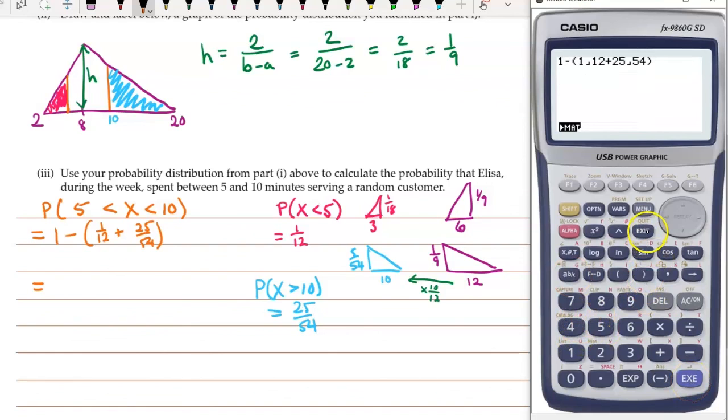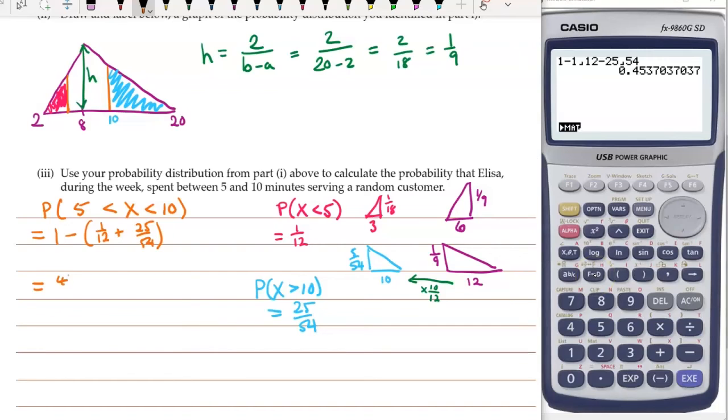Oops, I have made an error. Let's try that again. Right, 1 take away the 12th and take away the 25 over 54 equals 49 over 108, or 0.4537.